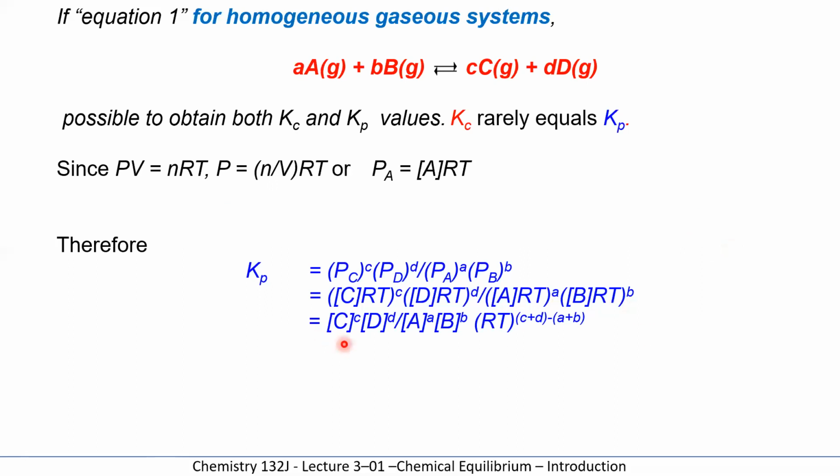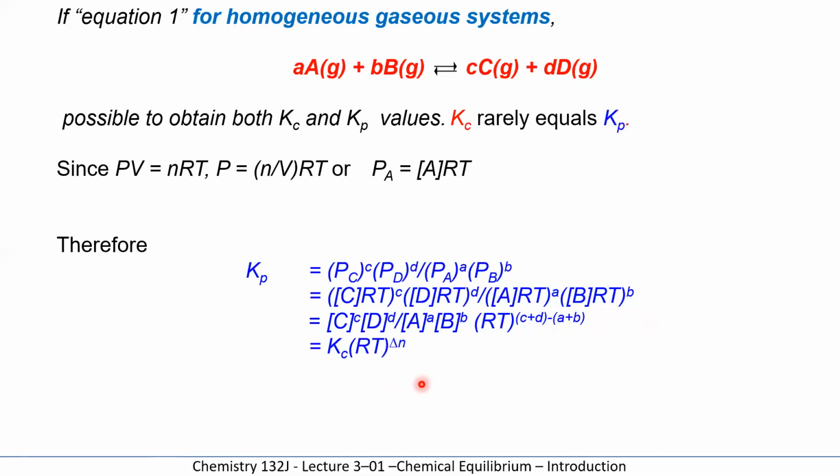So we end up with an expression of concentration of C to the power c times concentration of D to the power d, divided by the concentration of A to the power a and concentration of B to the power b, times RT. We're going to add c and d up and then subtract a and b, because c and d are in the numerator and a and b are in the denominator. When they're exponents, we subtract the exponent in the denominator from the exponent in the numerator.